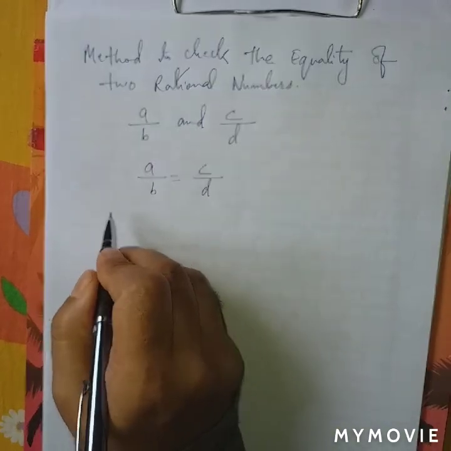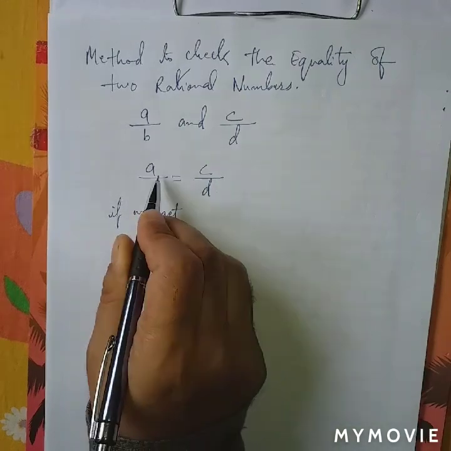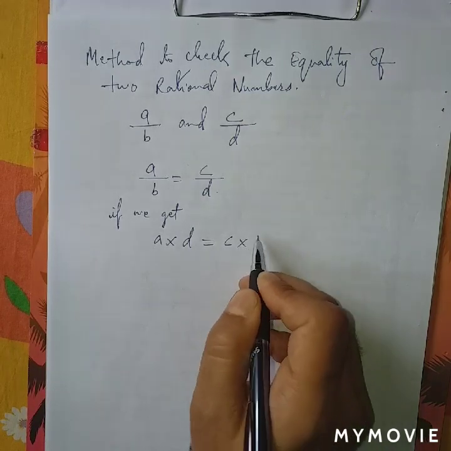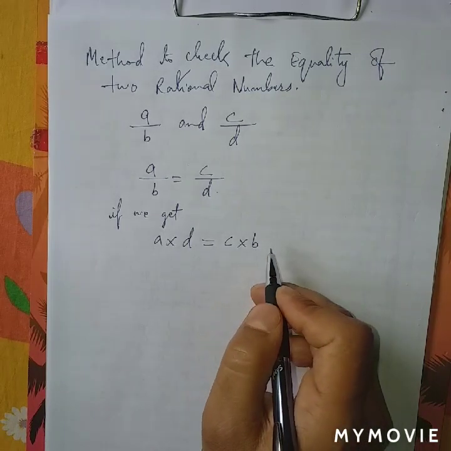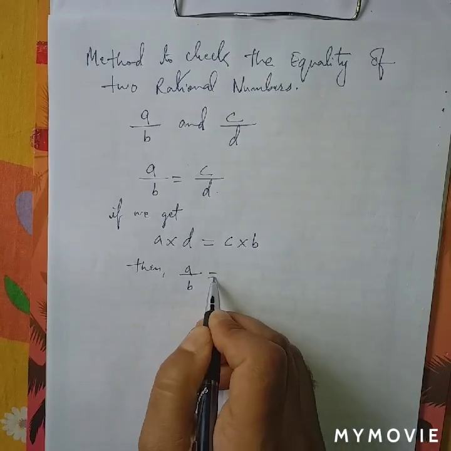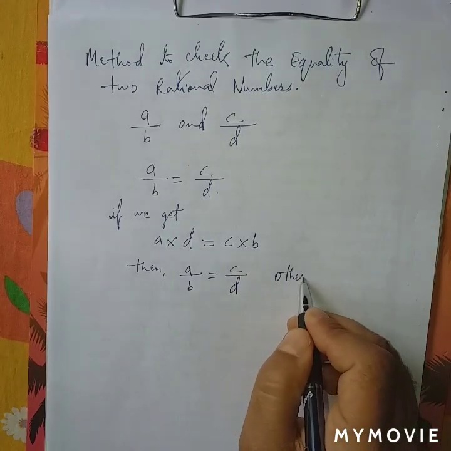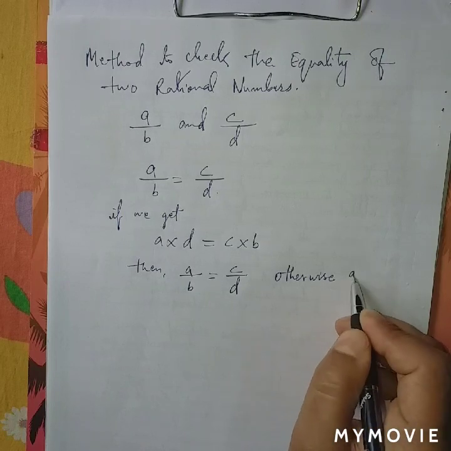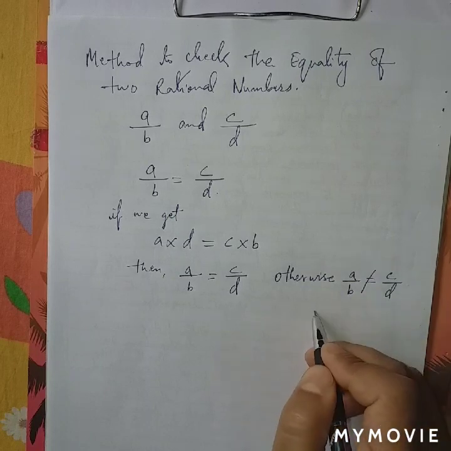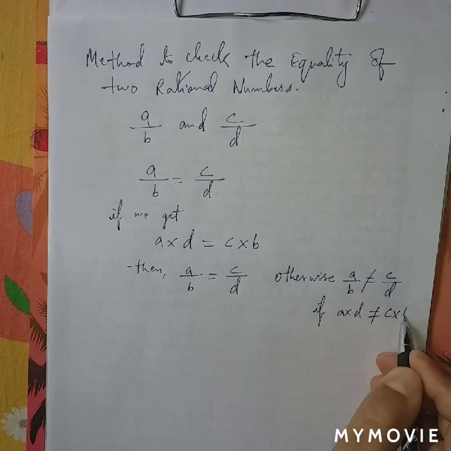Now, if we get a into d equal to c into b, then a by b will be equal to c by d. Otherwise they are not equal. a by b will not be equal to c by d if a into d is not equal to c into b.